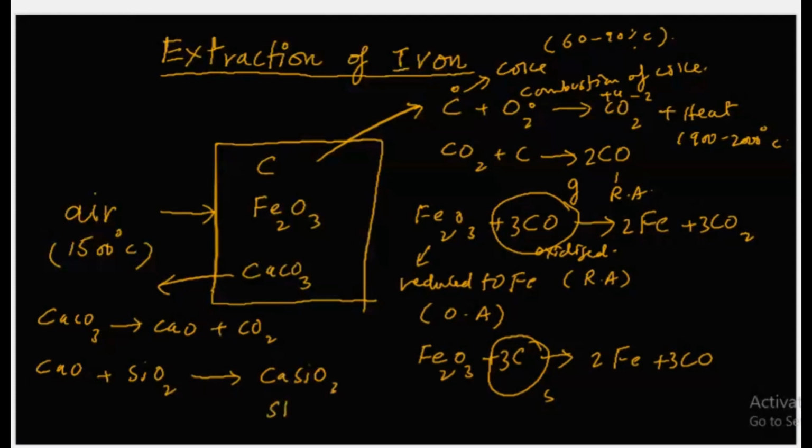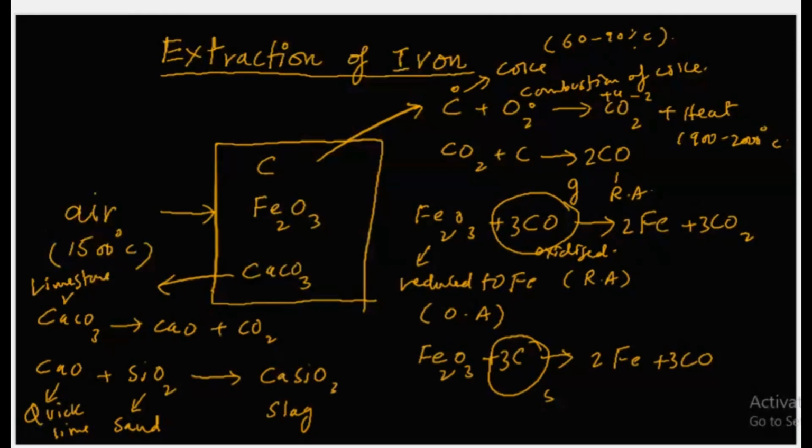Now, this calcium silicate is called slag. This is the impurity of the hematite, sand. Calcium oxide is also called quicklime. And this equation shows the formation of slag. Calcium silicate is the slag. This is limestone.